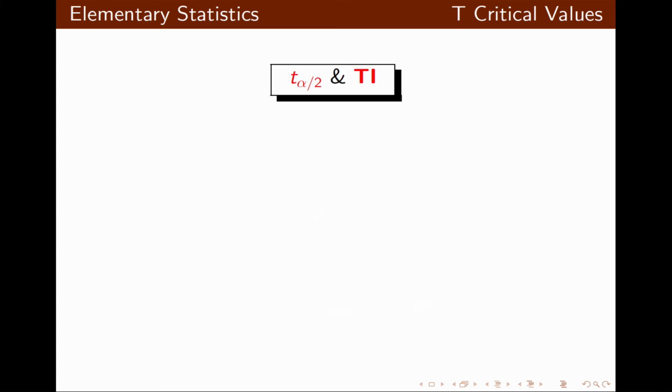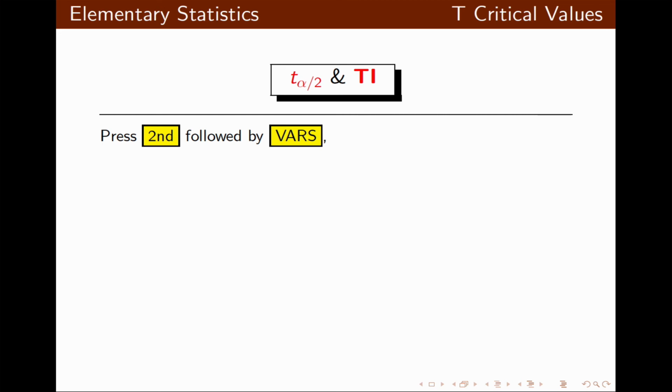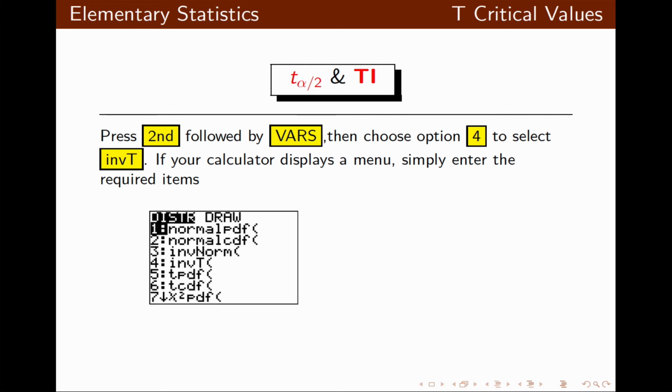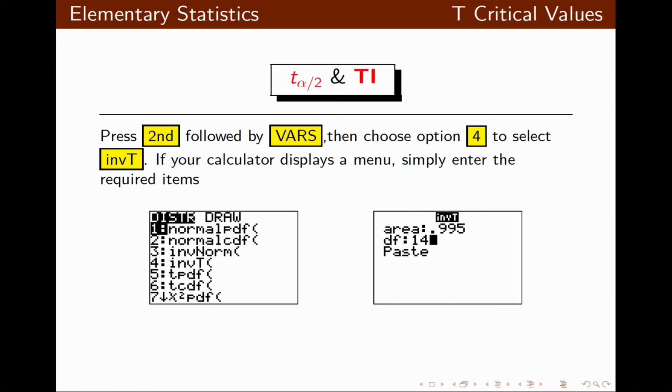In this class, we will be using TI calculator. So we're going to press second, vars, option 4 for inverse t. Now, if your calculator displays a menu, you simply enter the required items. The area is for the left area, and DF is for degrees of freedom. Now we're going to press paste, and then we're going to hit enter.